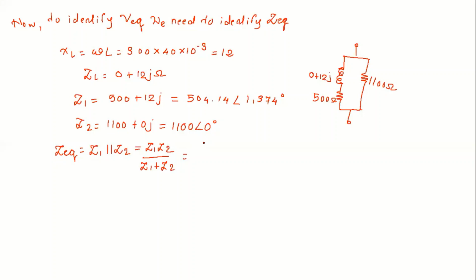Z1 Z2 is a multiplication, so we are supposed to take polar values.